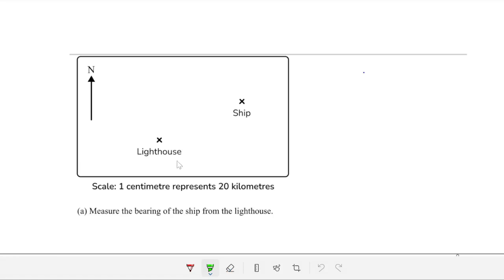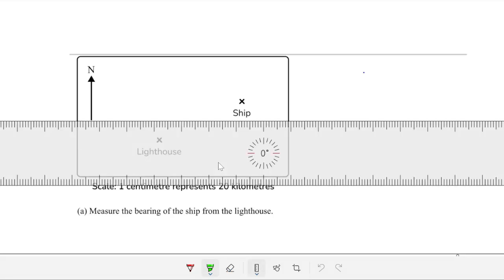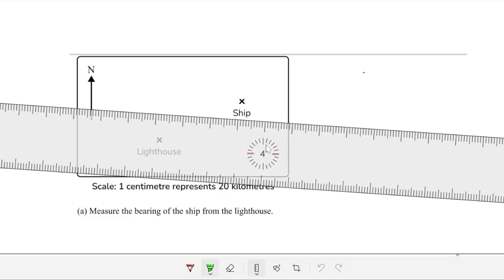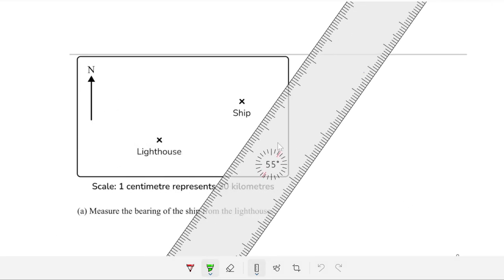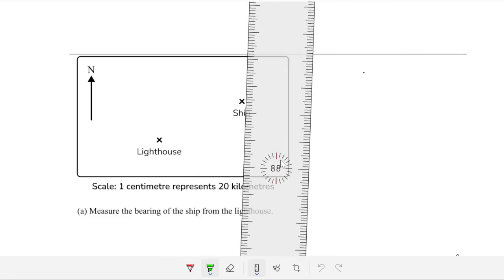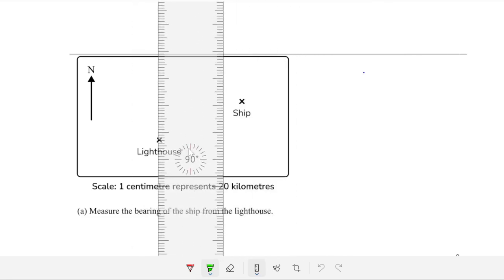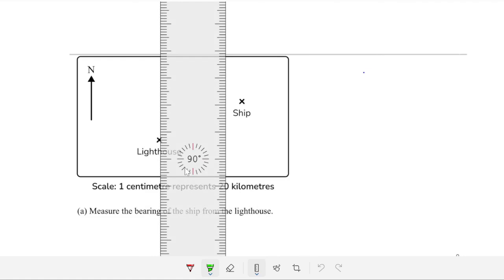So if I'm looking at this, measure the bearing of the ship from the lighthouse. So I want to measure this angle here. So I'm going to bring in a ruler. I'm going to hopefully spin that around to vertical. And then I'm going to start by drawing a north line from the lighthouse. I don't want a highlighter, I want a pen.